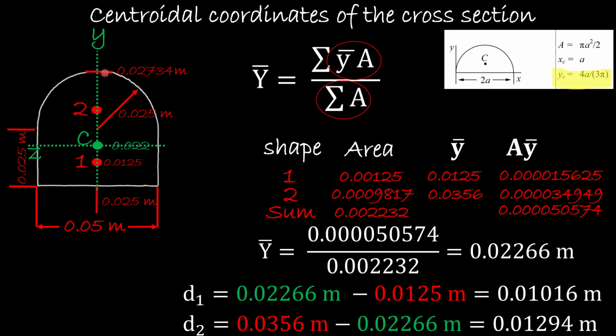So to find the distance all the way to the top, what we will do is the following. We will go down from here all the way down here. This is 0.025 meter. That's what we have in here.